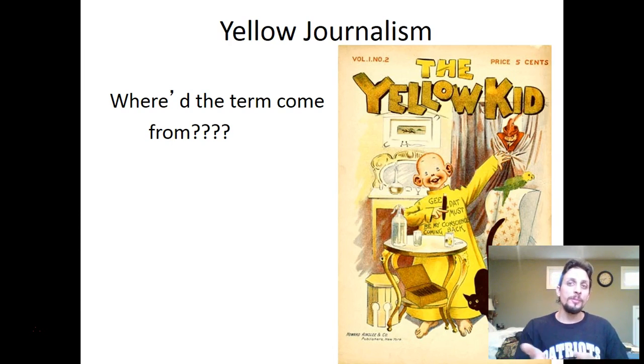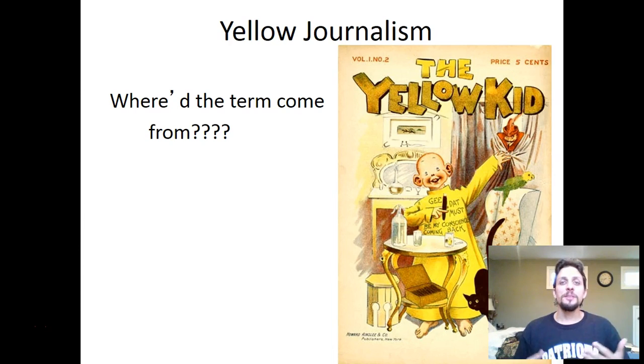Where the term actually comes from, there was a cartoon character called the Yellow Kid that appeared in two newspapers of the day, the New York World and the New York Journal, and they were copying each other with this character, and so that's where the term comes from. That's not what the term actually means, though.